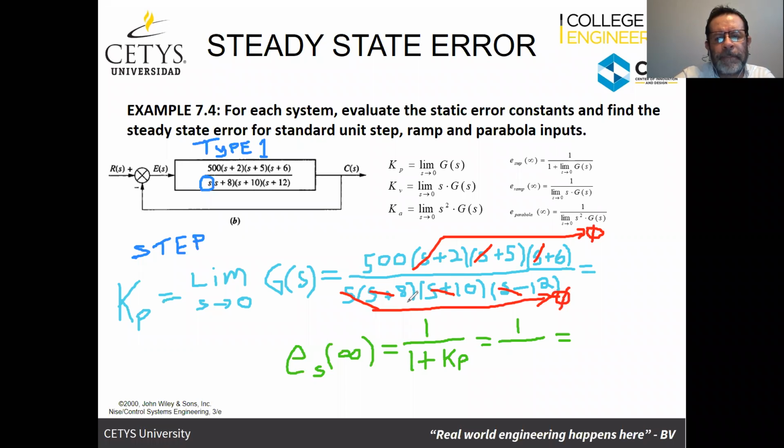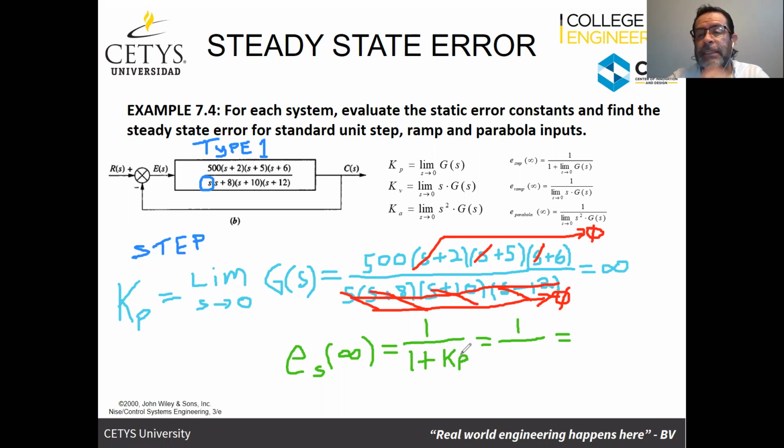However, the whole denominator is going to turn to 0 because I've got the S here in the denominator. So if the denominator is equal to 0, this is going to be equal to infinite.